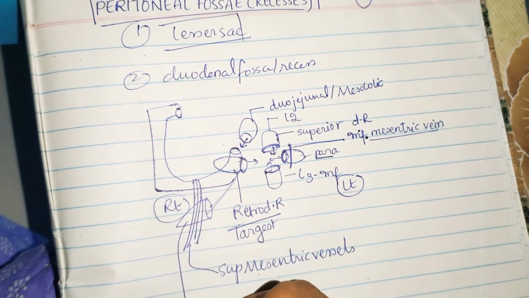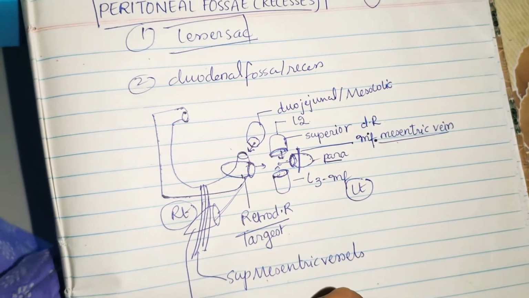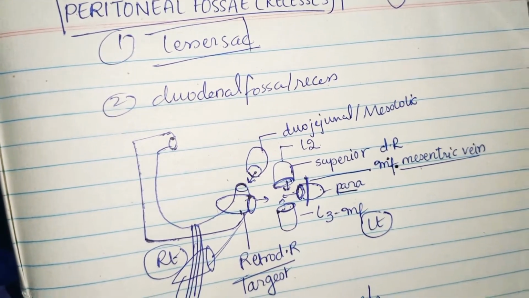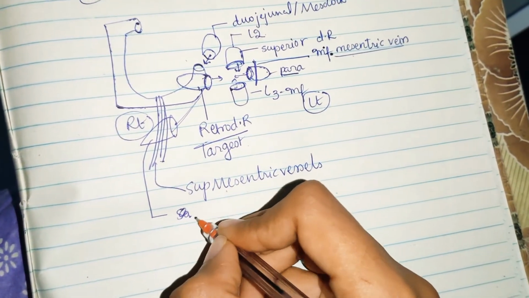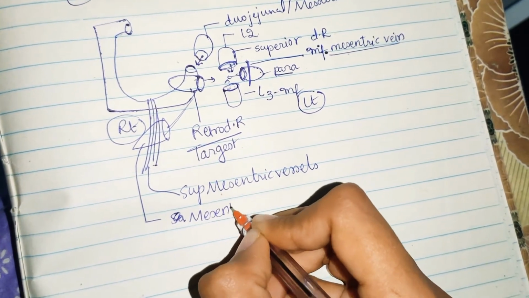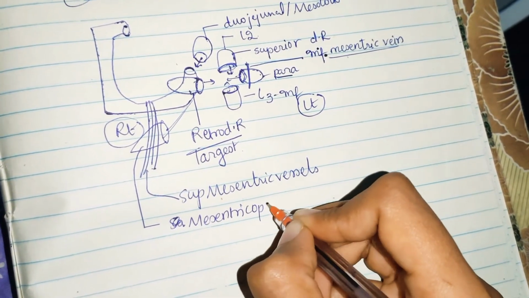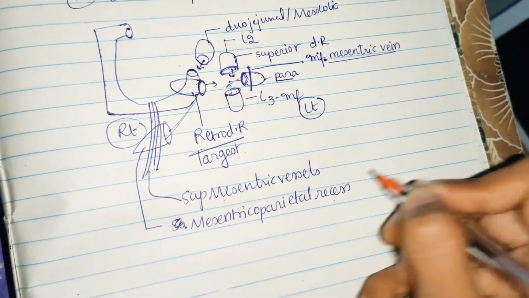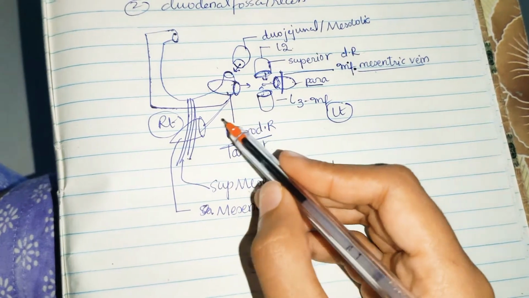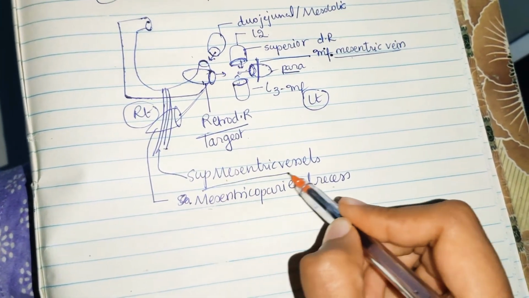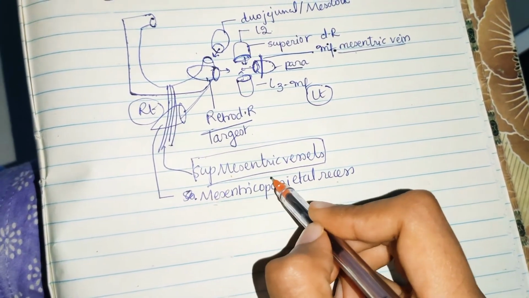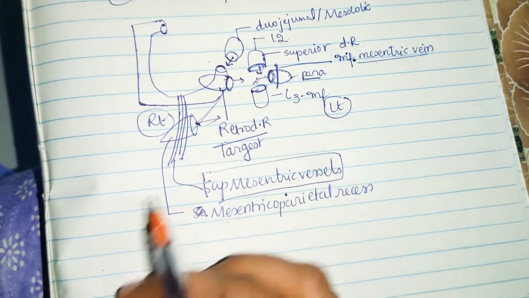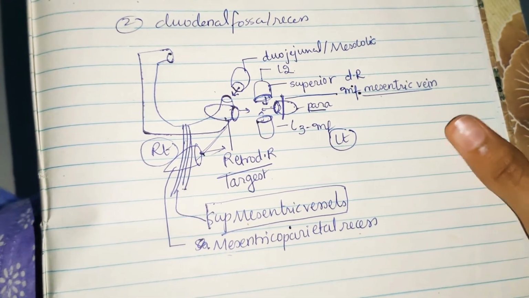This is the mesenterico-parietal recess. What is the specialty of this? It has the superior mesenteric vessels, both artery and vein, and its orifice is towards the left side. So that's it. This is about the duodenal fossa or recess.